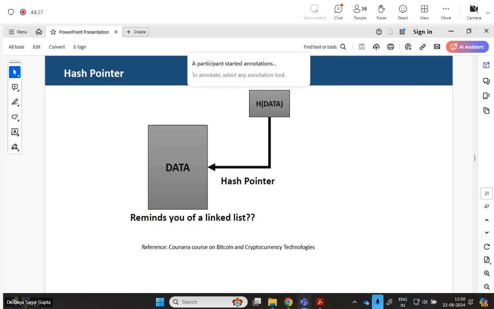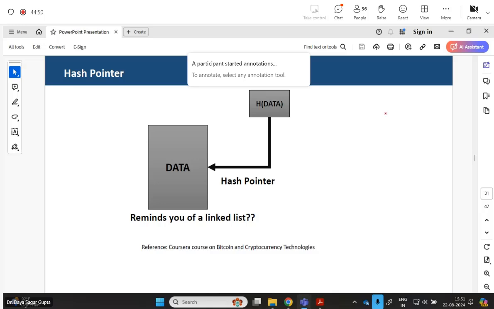If somebody made some changes here, it will be caught. Why will it be caught? Let us call the data M. I stored the hash of this data, HM, somewhere else.